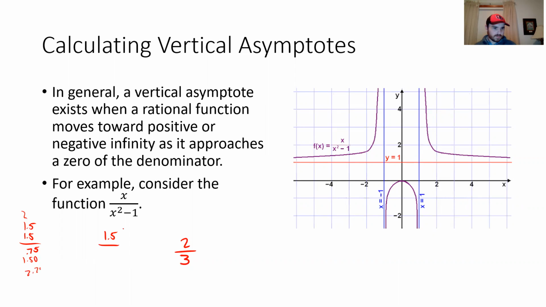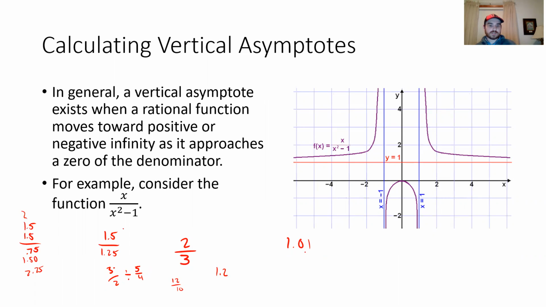So 2.25. So you'd have 2.25 minus 1, which is 1.25. So that's 1.5 over 1.25, which is like 12 over 10. So 1.2.